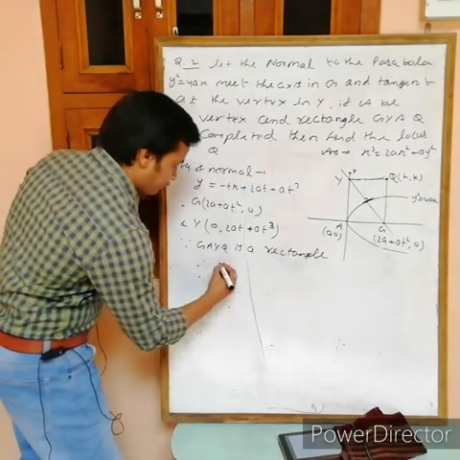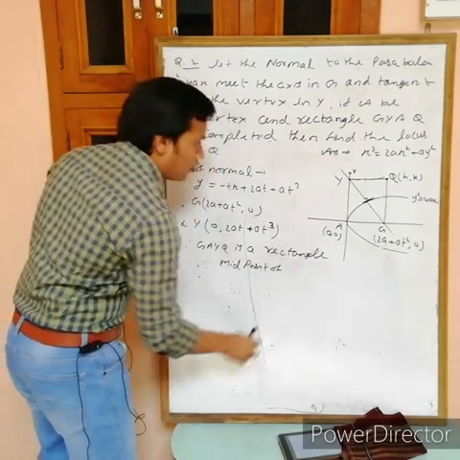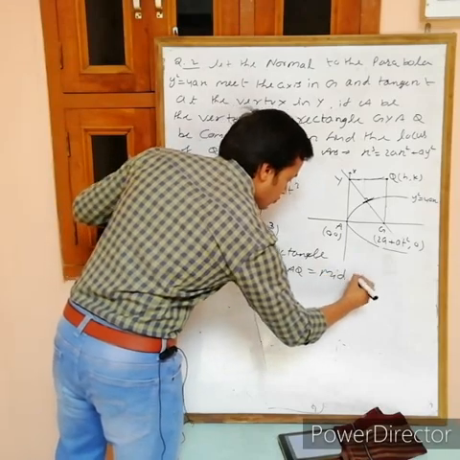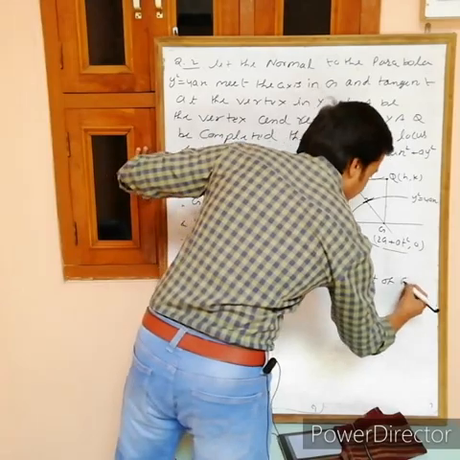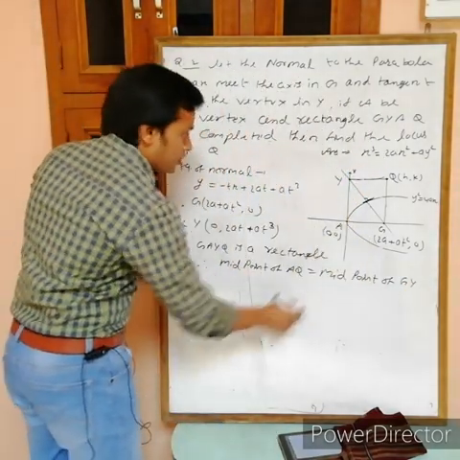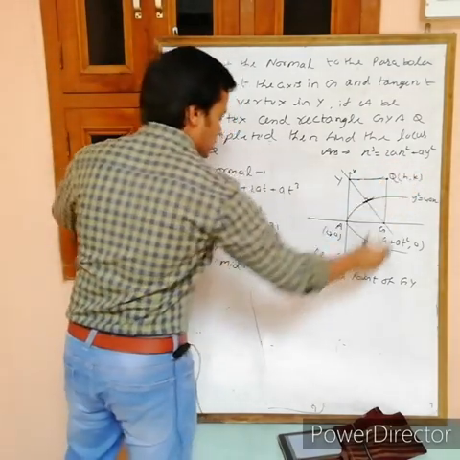Therefore, midpoint of AQ is equal to midpoint of GY. Okay, midpoint of AQ is 0 plus h by 2, 0 plus k by 2.